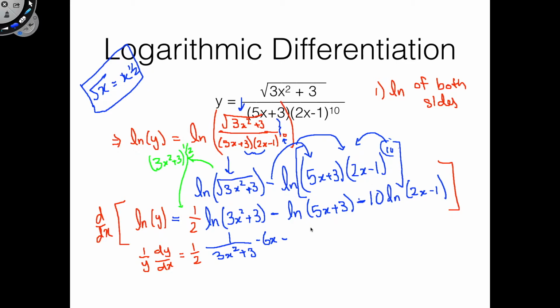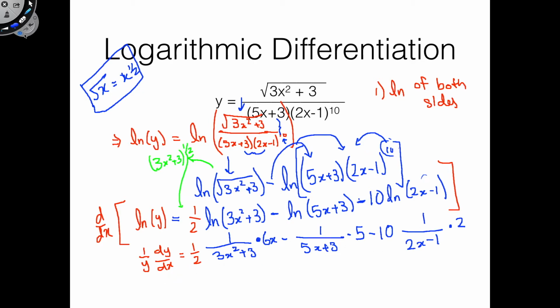That's going to be 1 over 5x plus 3 times 5, the derivative of the inside, minus, pull out the 10, so you've got 1 over 2x minus 1 times 2, the derivative of the inside. Okay, so let's go ahead and just put all of this together.